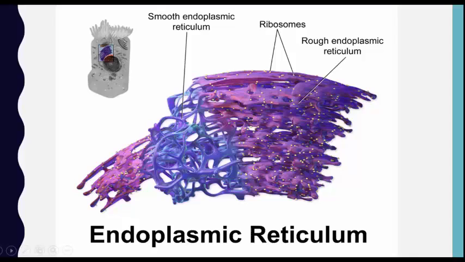But the smooth one doesn't contain any ribosomes, and it is responsible for lipids formation and so on.